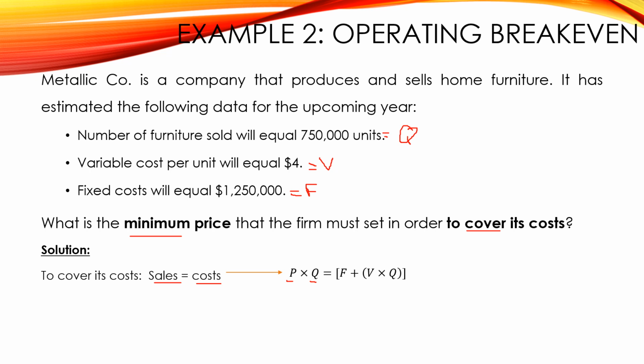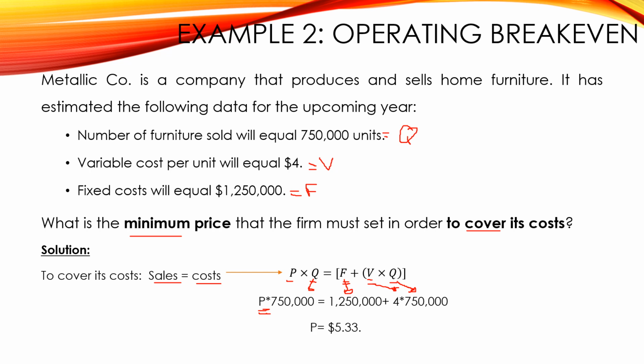The fixed costs, F, that are the total fixed costs, and the variable costs that are given as per unit variable costs, so they need to be multiplied by Q to determine the total variable costs. As a result, we have the Q, the F, the V, and of course the Q. So the only unknown in this formula is the price P.